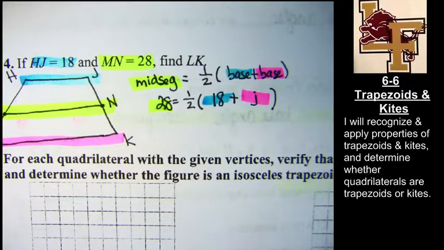I want to get rid of it. So you're talking distribution. Distribute that 1/2 into the 18, but I also have to distribute it to the j. And so the half is still there because I would have 1/2 times j. I want to get rid of it, not just move it.